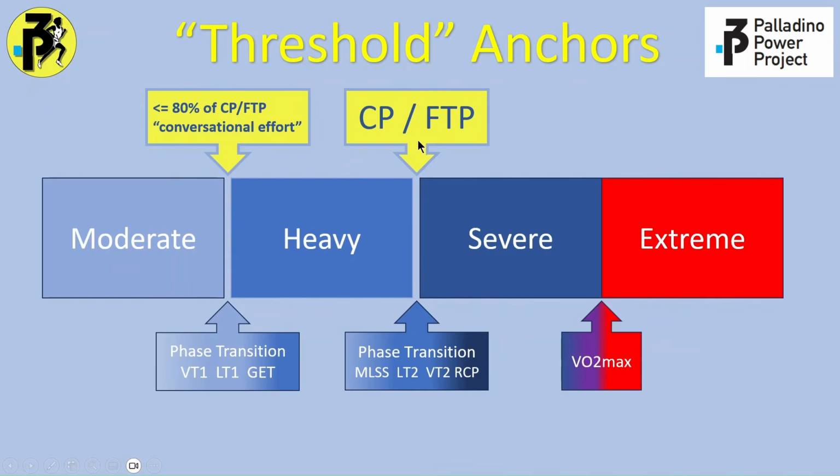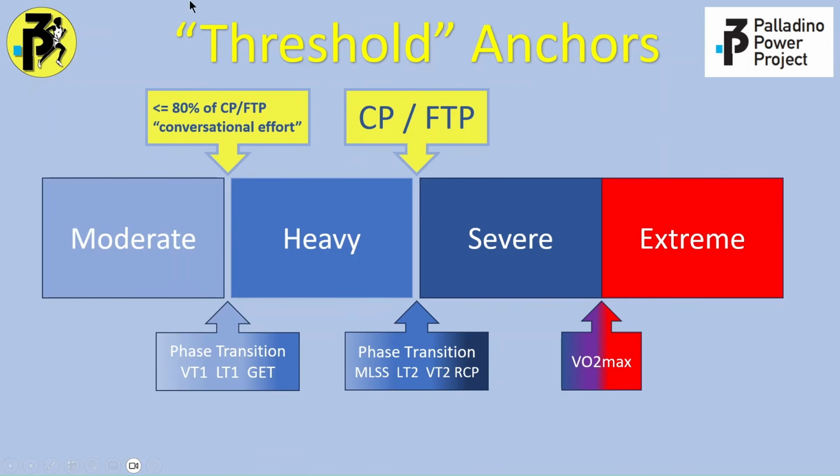But this is a phase transition, a ceiling for the heavy. This is a phase transition, a ceiling for the moderate. And then we could get into the severe, with other markers that allow you to get more precise up here in the severe and extreme. But these are the important building blocks for threshold, quote unquote, anchors, and training based on these threshold anchors.